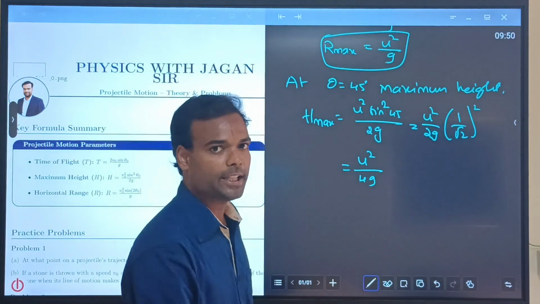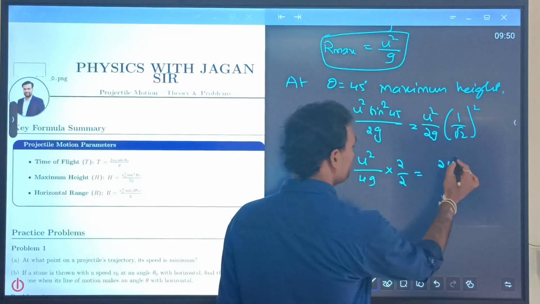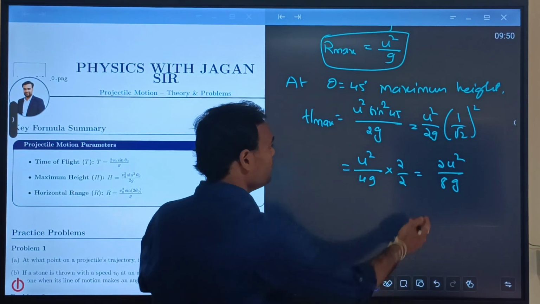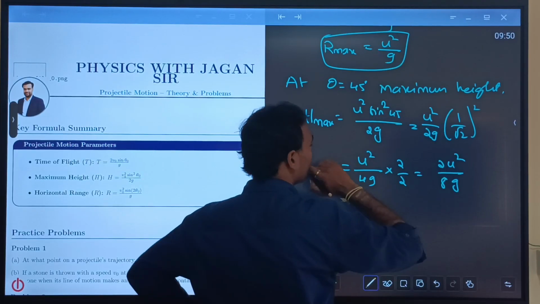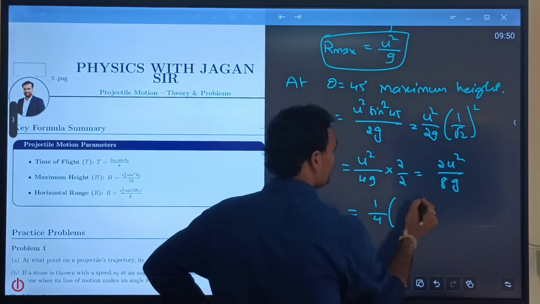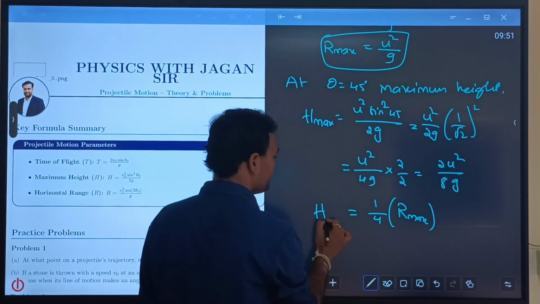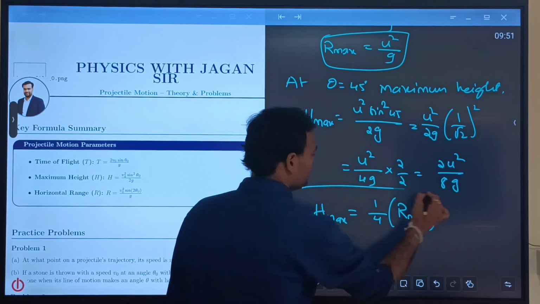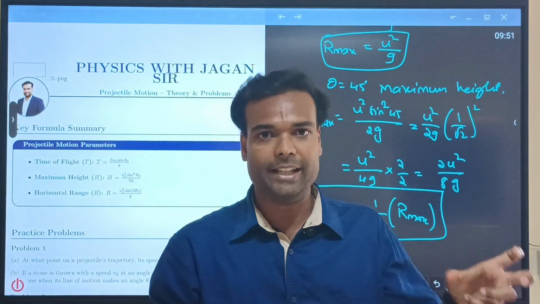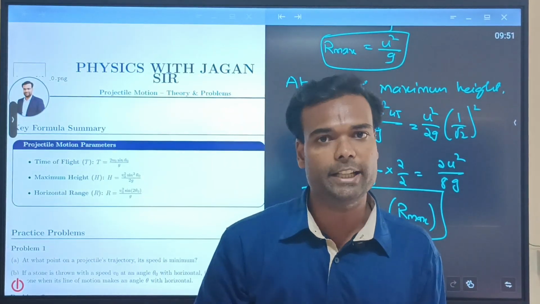And we know that u square by g is R maximum. So 1 by 4 of u square by g is R maximum, and this is H maximum. This is at theta equal to 45 degrees, that is the maximum range condition, the relation between maximum height and maximum range.